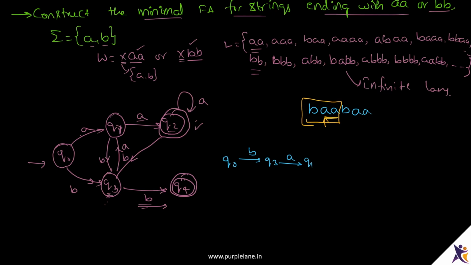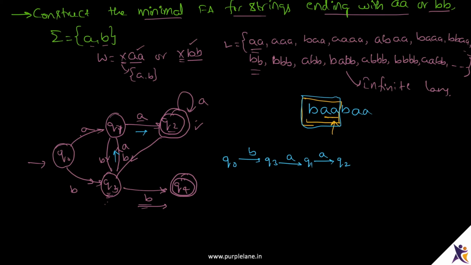So it goes to Q1. From Q1 on seeing A, it goes to Q2. At Q2, we do not accept this since we have not reached the end of the string.